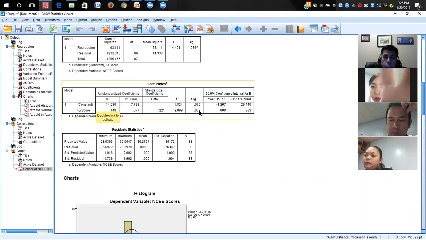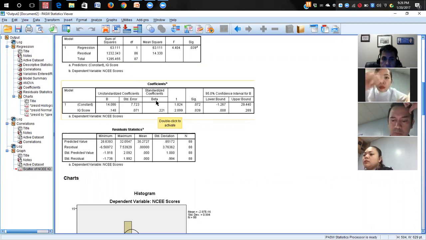regression coefficient with a standardized beta coefficient of 0.221 with a p-value of 0.039, we could predict that for an increase of 0.15 in our IQ score, we could expect a 1-point increase in our NCEE score as well.